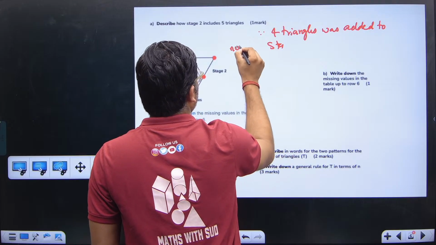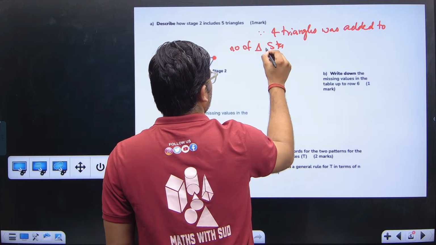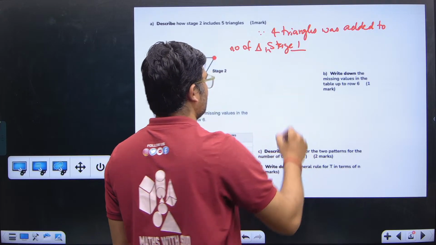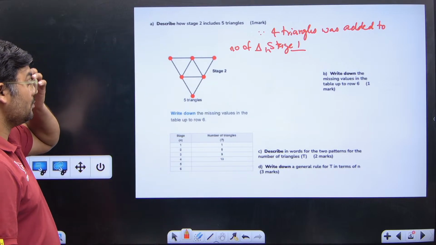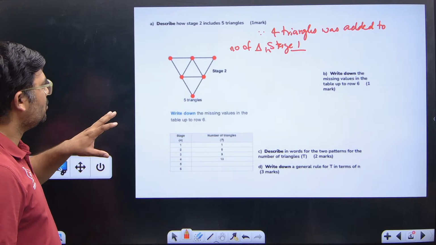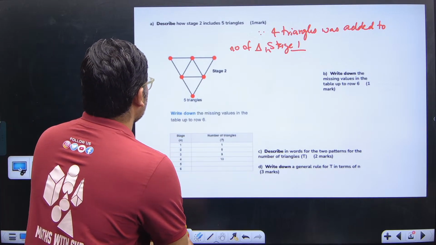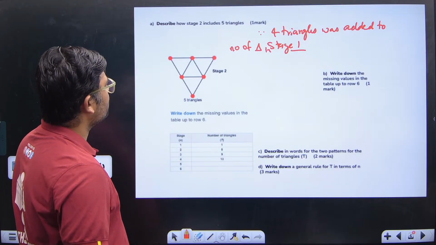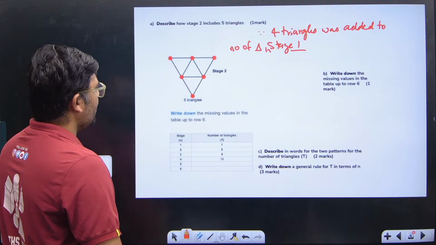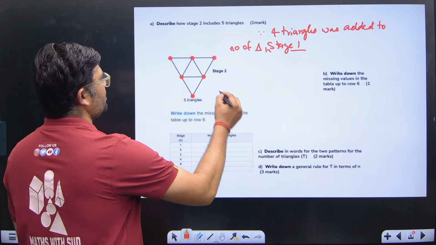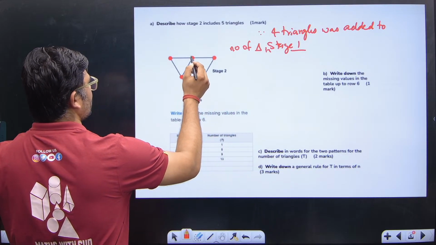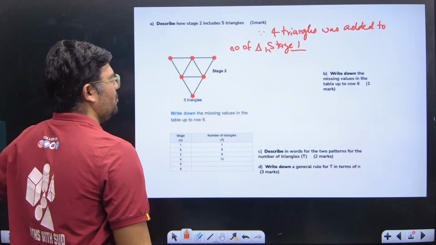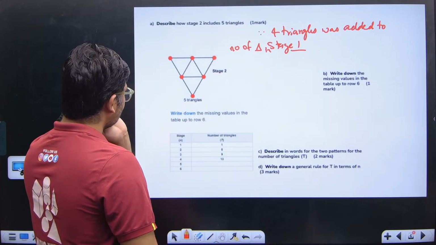Number of triangles. So you'll say that the inner vertices and then you'll say that there's also an outer vertex with edges. So that also makes a 5 triangle. Okay, but I don't think that will be the correct answer. I think the way that they're describing is okay, fine. There's only one mark. Okay, so you can say that 4 triangles. That's how you describe for one mark.